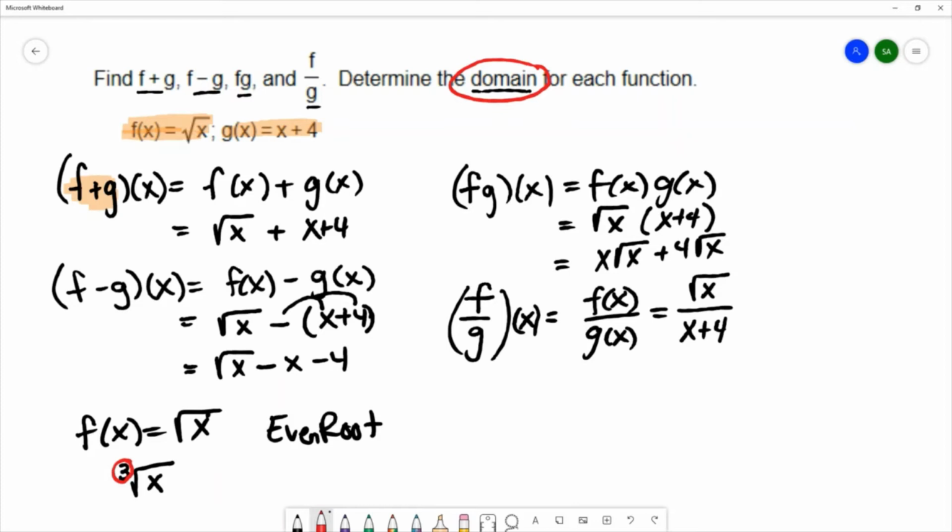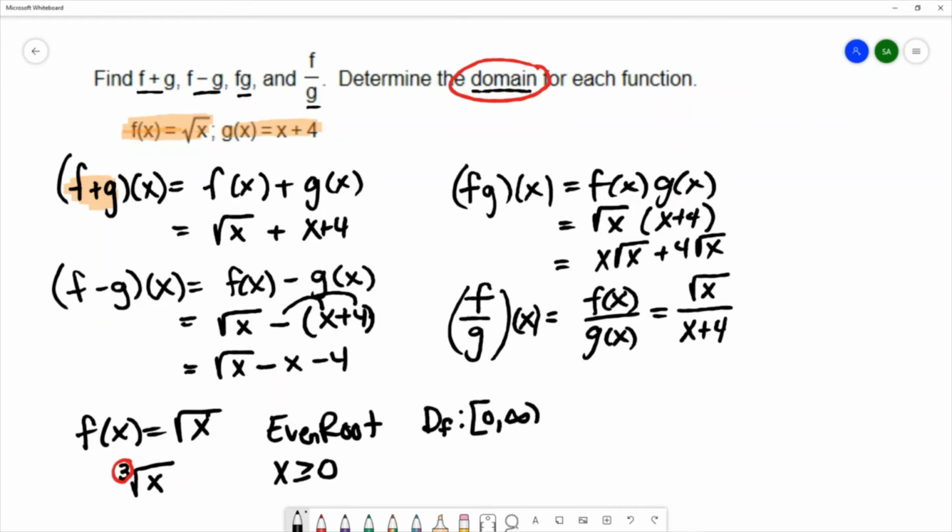So we take the expression that's underneath the radical, and we set that expression greater than or equal to 0. Greater than 0 for positive, and equal to 0 for 0. That gives us the domain of f of x. So the domain of f is from 0 to infinity.